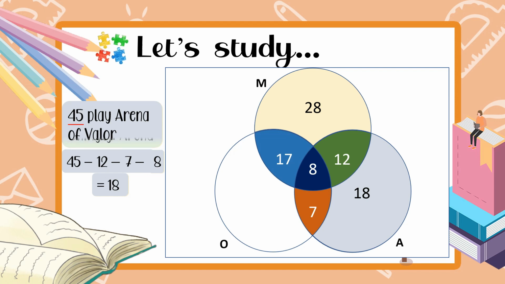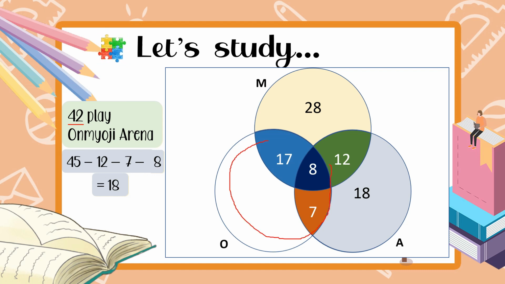And lastly, we have 42 who play OmniOG Arena. So, meron na tayong, okay, so this is the set for OmniOG Arena. Meron na tayong 17, 8, and 7. So, what we're going to do is to subtract it from 42. 42 minus 17 minus 7 minus 8, we will have 10.